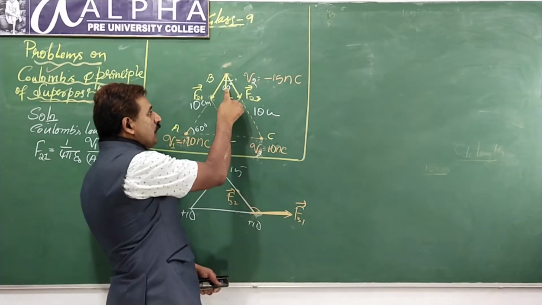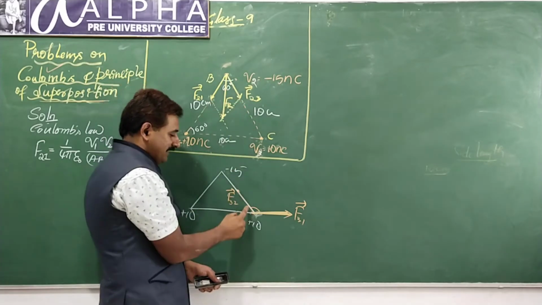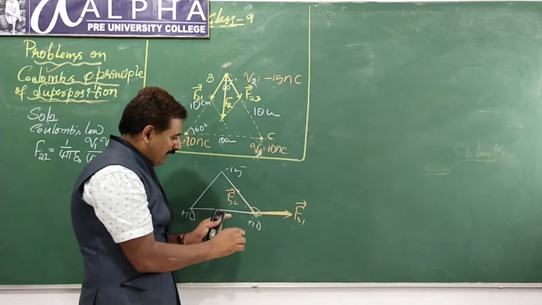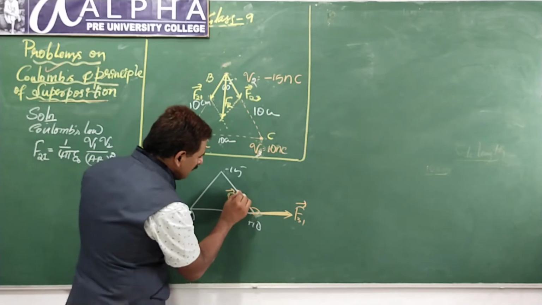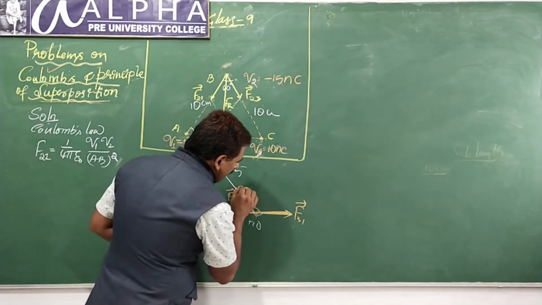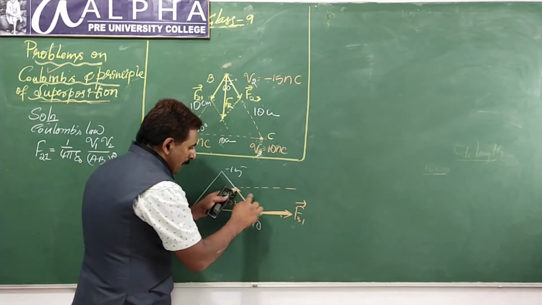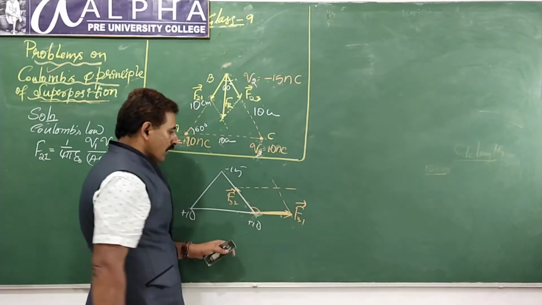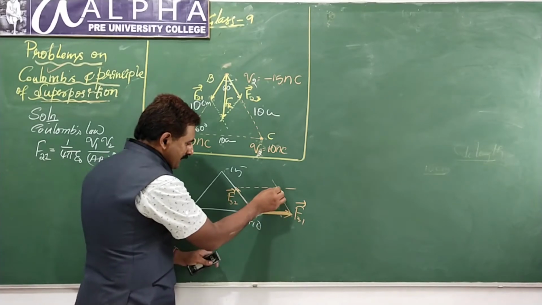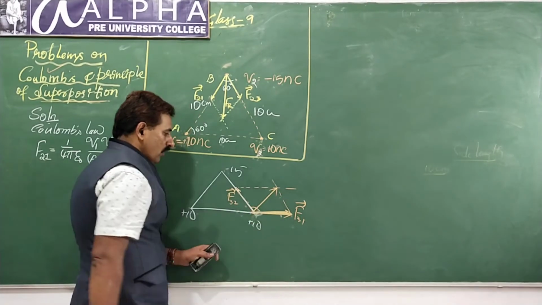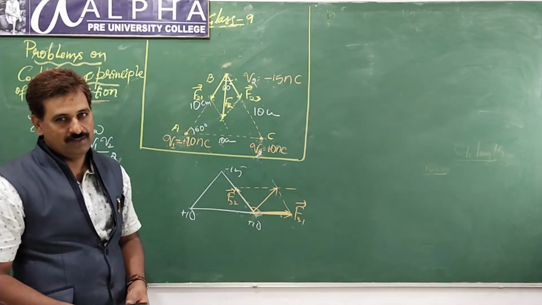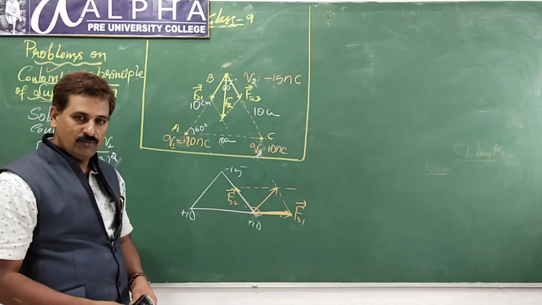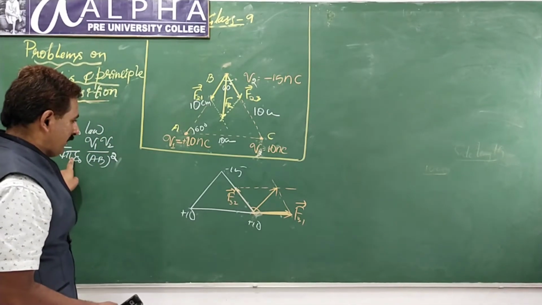This is acute, 30. See the directions. The value remains the same, but the resultant, how do you find it? Draw a parallel line to this. Draw a parallel line here to this. Now, this is the diagonal called the resultant. That's it. Okay.